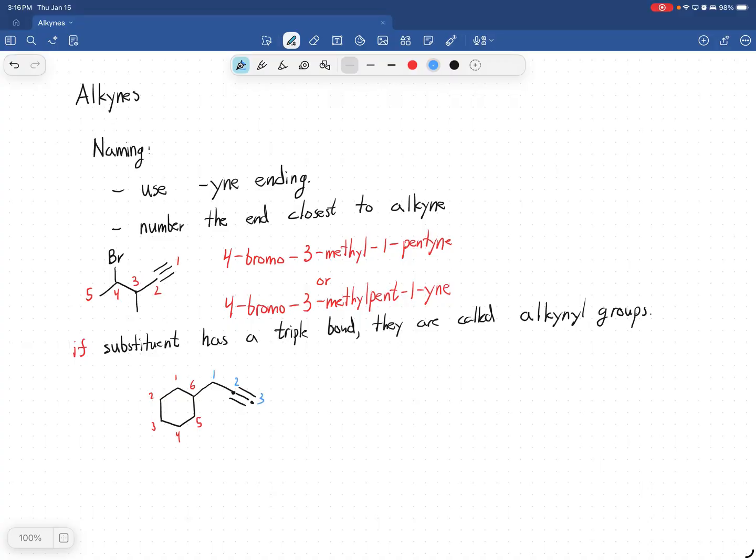So the parent chain will still be cyclohexane.